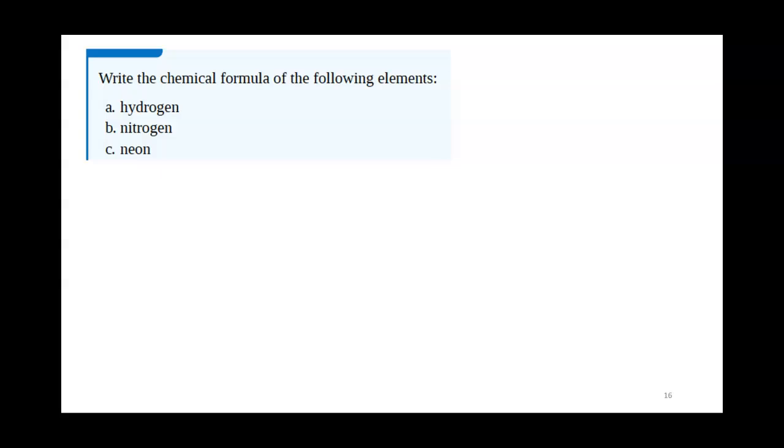Okay, so we're asked to write the chemical formula for the following elements. The first thing that we should do is list out our diatomic elements: have no fear of ice cold beer.